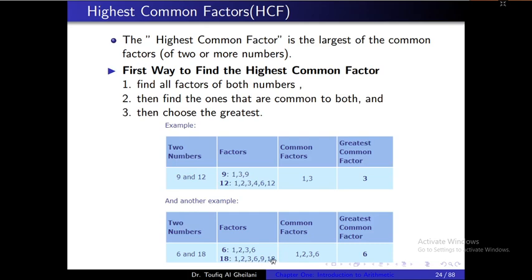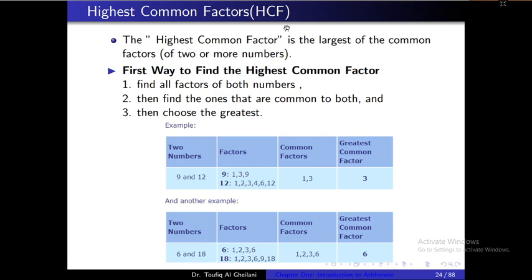Because 1 times 18 will get 18, 3 times 6 we get 18, and 2 times 9 will get 18. Then we get the common factors. What are the common factors? 1, 2, 3 and 6. So look, what's the greatest one of these? It is 6. So the highest common factor of 6 and 18 is 6.